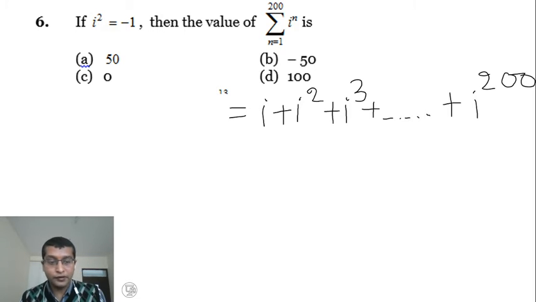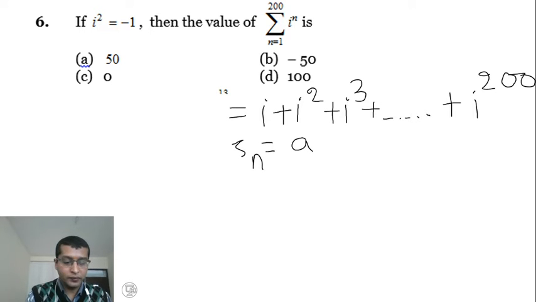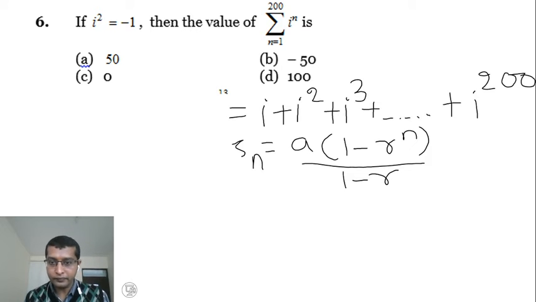So we observe that this is a geometric progression. So we write a formula for this geometric progression. Sn formula is Sn equal to a into 1 minus r raised to n divided by 1 minus r. So this is equal to a, the first term, that is i.